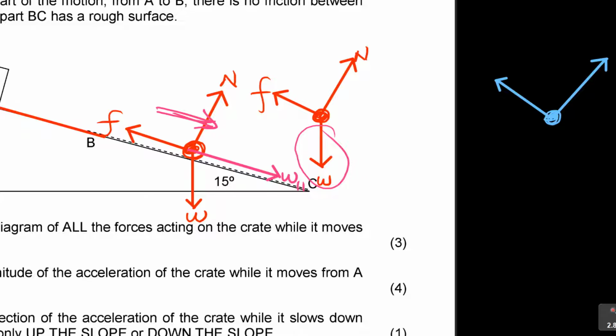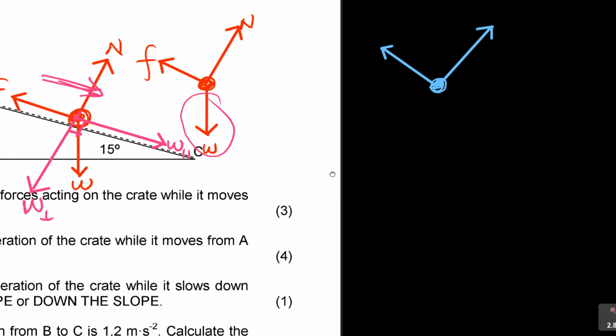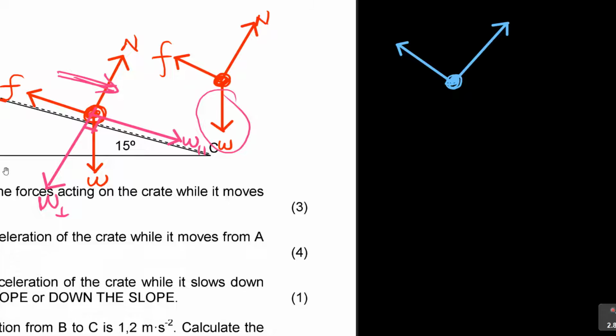And then I did draw it before. You've got that one which is at 90 degrees to the parallel component. We call this the perpendicular, which is weight perpendicular. Are you getting that? You don't have to include the weight, but this is how you put it. You're going to draw it like this.